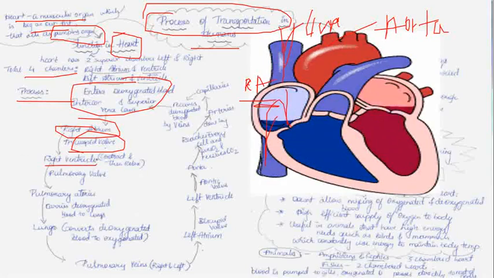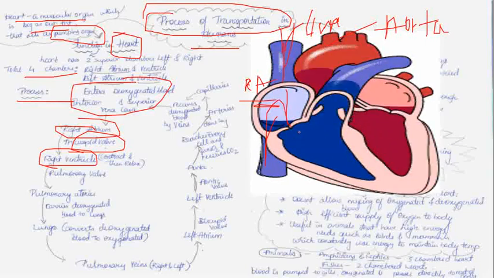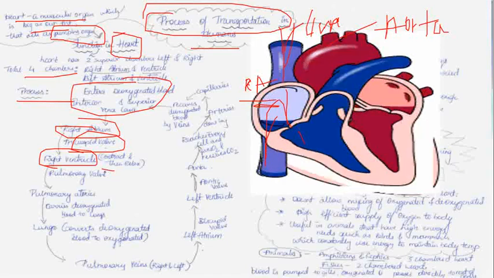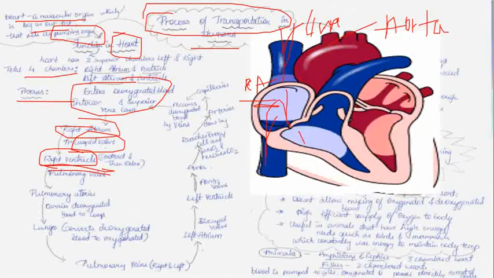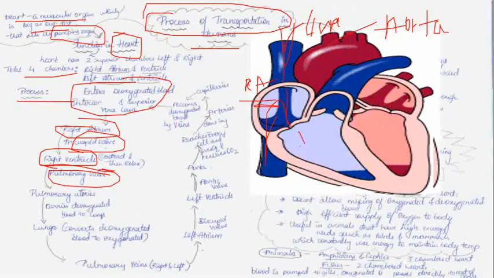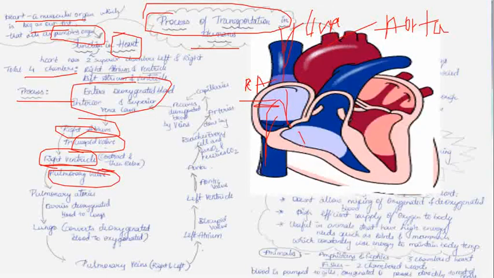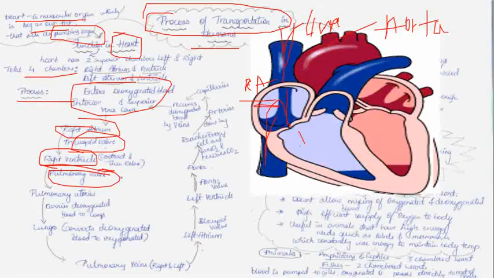So the blood passes next into the right ventricle. As blood passes into the right atrium, it contracts, as you can observe here, and then relaxes. The right ventricle relaxes and the blood passes into the right ventricle. Now, through the pulmonary valve. What is the pulmonary valve? It is also a valve which prevents the backward flow of blood.